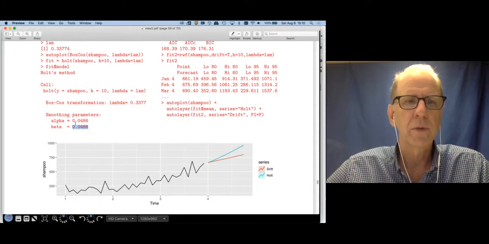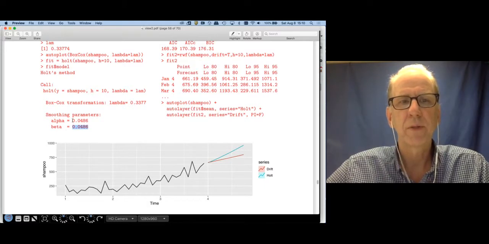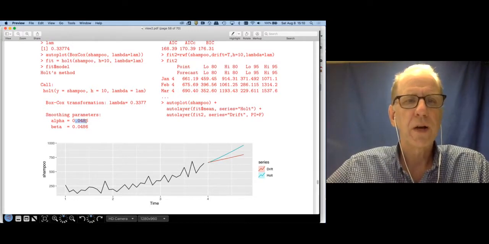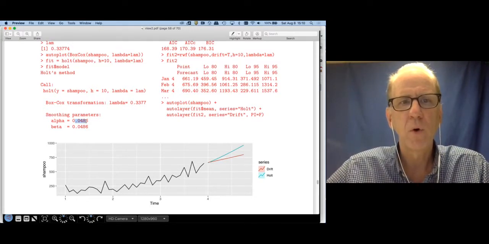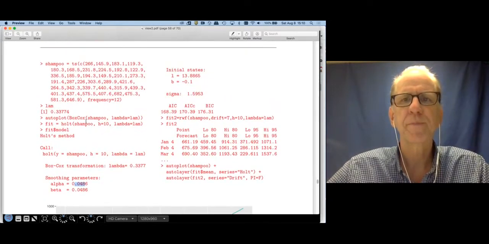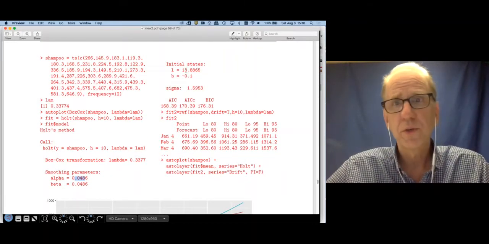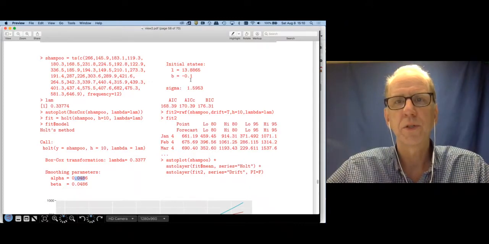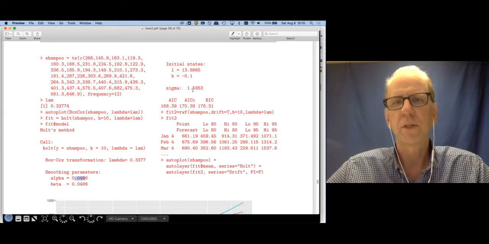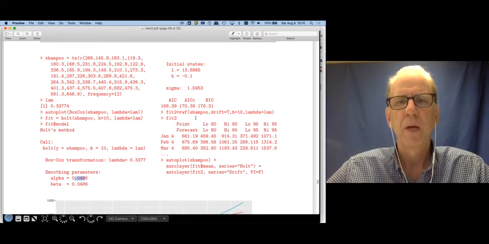Likewise, after accounting for the slope, there's not a lot with the alpha that we need to do, so we get a very small value there as well. These values have been picked by the holt function to minimize the sum of squared errors. It's also chosen our initial values for us. So here is the initial slope and the initial level, and it gives us the error.